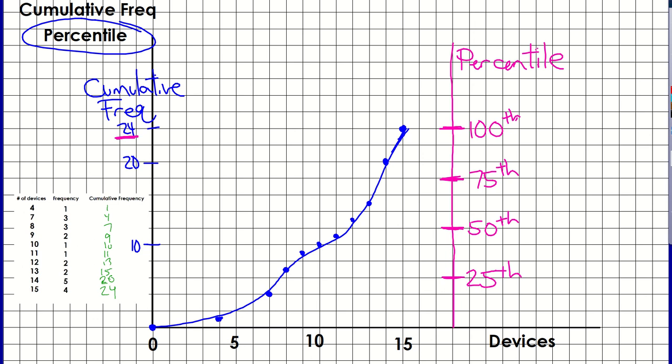Now I can look at this graph and answer questions. For instance, the question might say that in another household, that family ended up having 6 devices, and asking you what percentile that might be in.